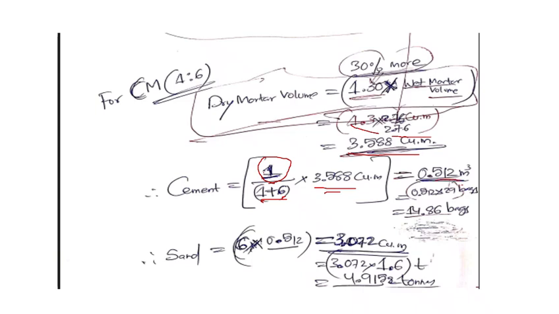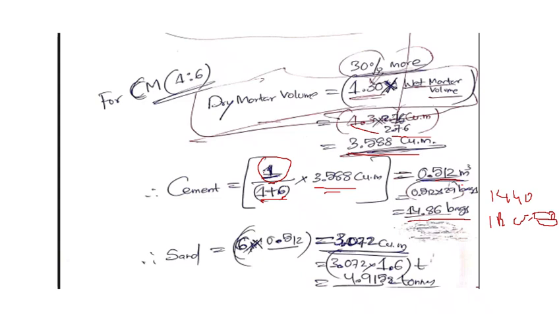So it is volume into density. Density of cement is equal to 1440. So it is 14.86 bags, where one bag is equal to 50 kgs. So let's calculate the sand required.